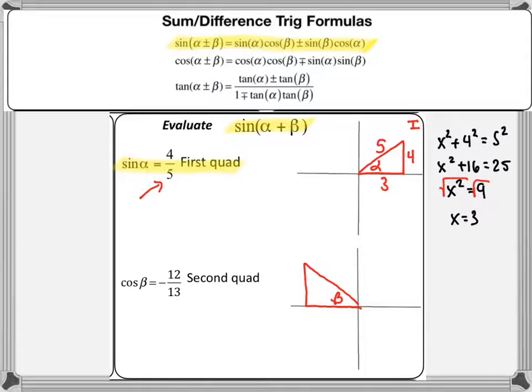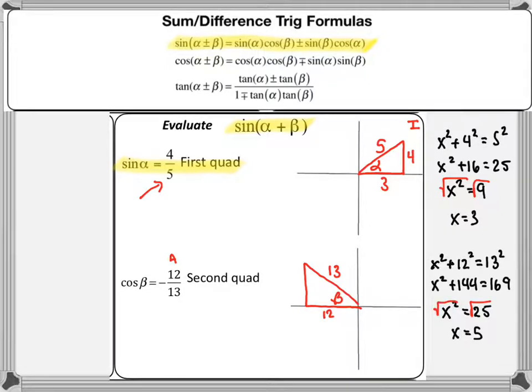So this is going to be the adjacent, so that's 12, and this is going to be 13, and using the Pythagorean theorem to find the last side, it looks like it is going to give us 5. So I'm going to put 5 here, and we are ready to go. Remember that this is in the second quadrant. Once we get this set up, we can take these triangles and read the values from them to complete the problem.